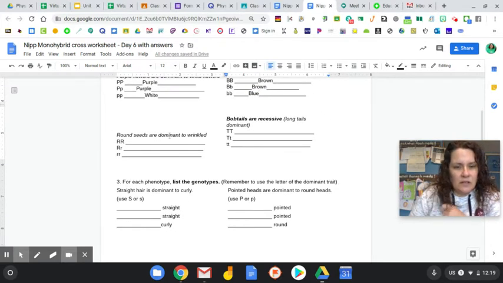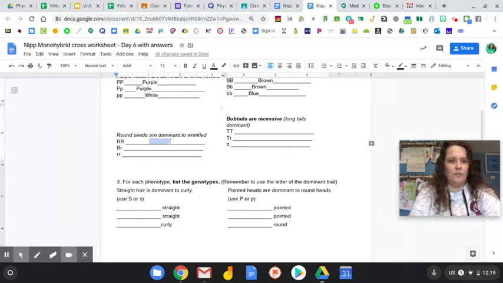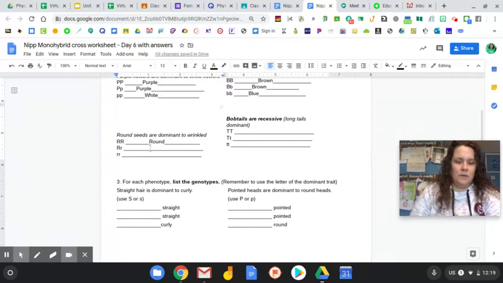Round seeds are dominant to wrinkled. That's in pea plants. So big R would be round. This one, round also. Little r, wrinkled. If you ever look at peas the next time you eat them, wrinkled seeds look like they have little dimples on them.